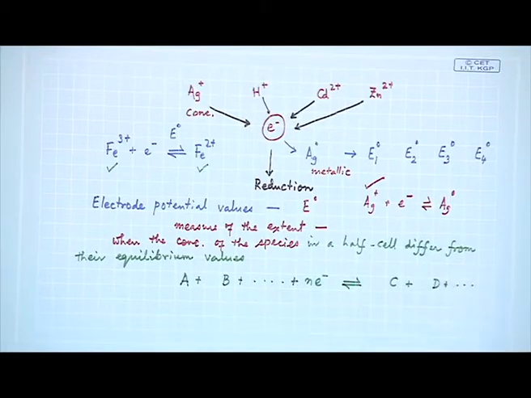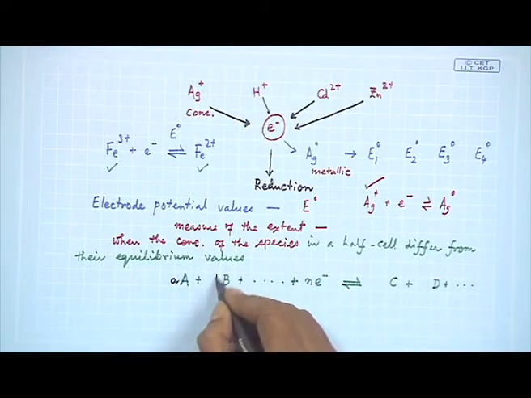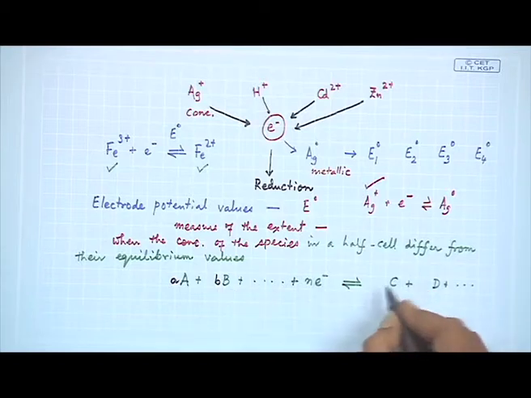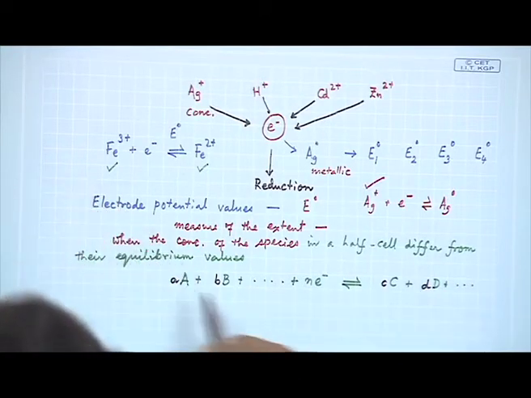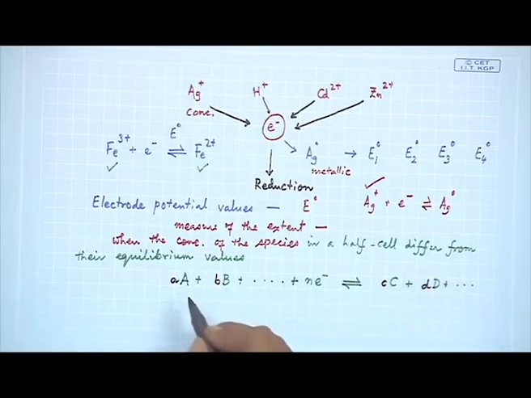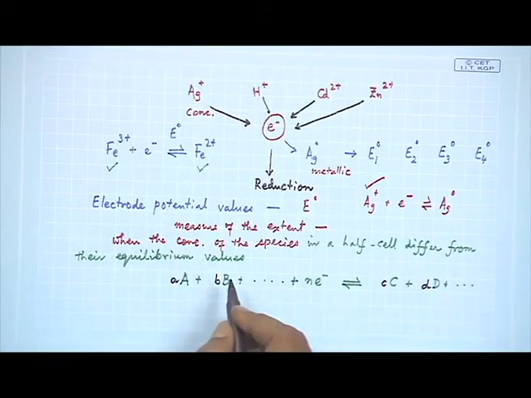The number of moles is important: small a moles of A and small b moles of B react with each other producing small c moles of capital C and small d moles of capital D, where capital A, B, C, D are the corresponding molecules, ions or electroactive species. So, what is that particular electrode potential?